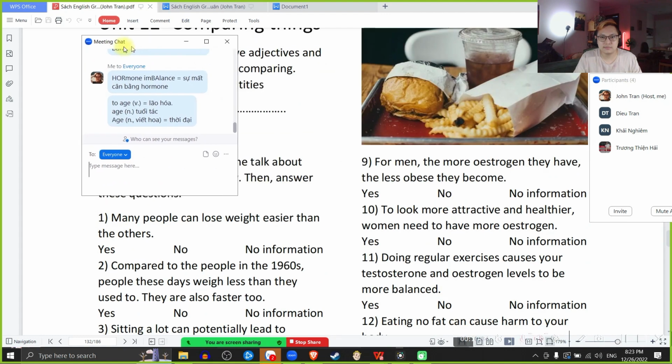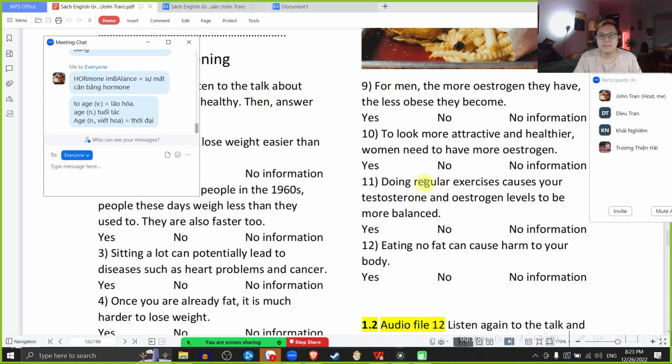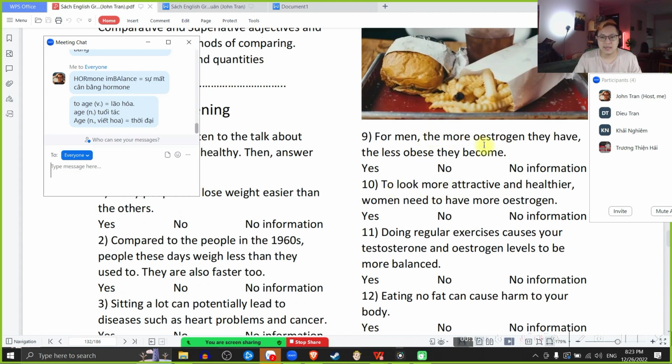Okay, number 9. For men, the more estrogen they have, the less obese they become. Đối với đàn ông, họ càng có nhiều estrogen hơn thì họ lại càng trở nên ít béo phì hơn. Obese. For men, the more estrogen they have, the less obese.